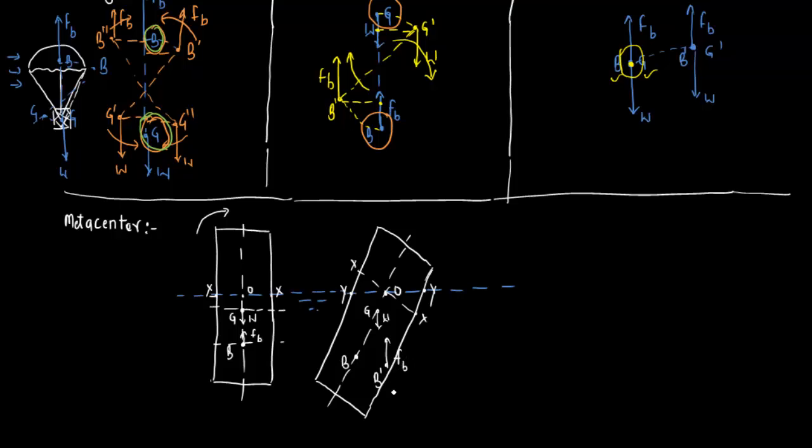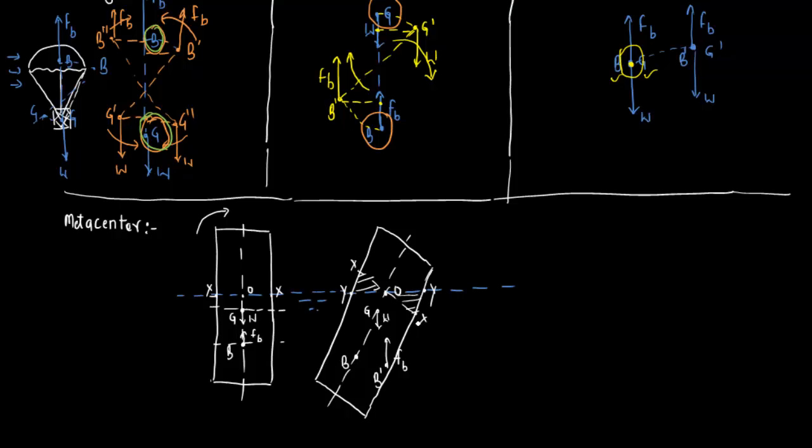Now the value of buoyant force FB will also be the same. Why? Because on the left side, as this X is moving out from the fluid, this much of the body is coming out from the fluid. But on the right side, as X is moving down in the fluid, the same volume of the body is going inside the fluid. So the same volume is out of the fluid, and the same volume is going inside the fluid.